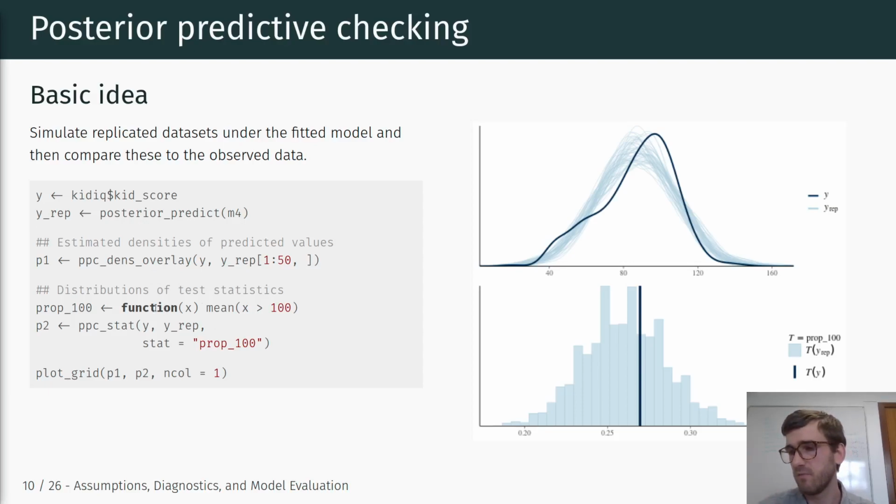We can write a quick function, which I'm just going to call prop 100, that for a given set of observations just computes the proportion of observations that are larger than 100, okay?